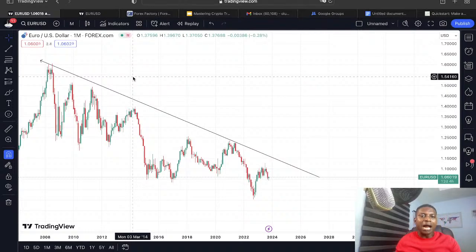Another consideration of the market structure is what levels have been created in this market movement so far. What are the key support levels? What are the key resistance levels? Establishing these key levels will determine our next move. So let's establish the key levels on Euro USD on the monthly time frame.